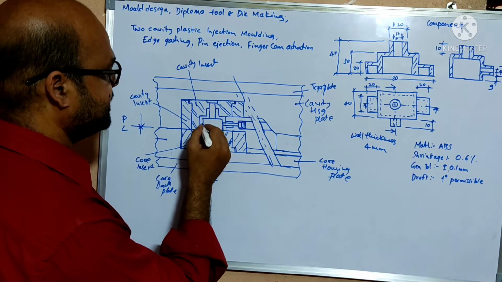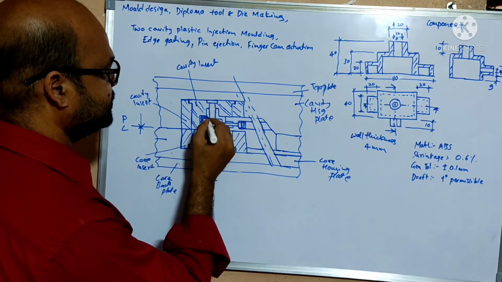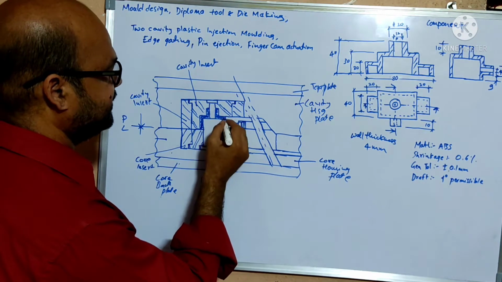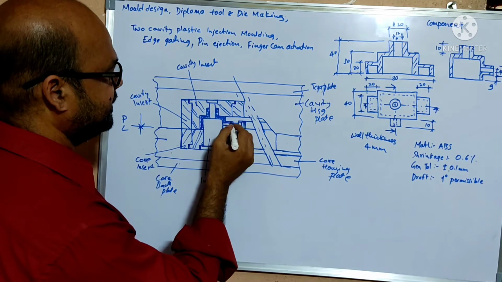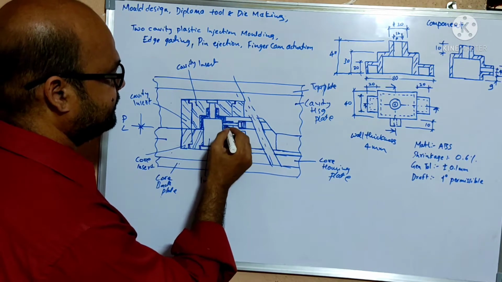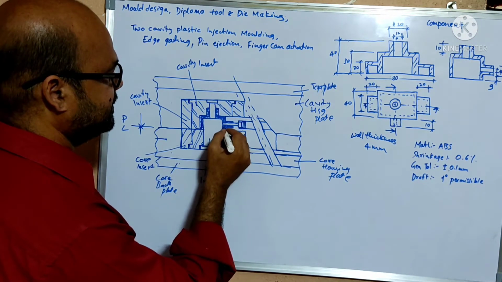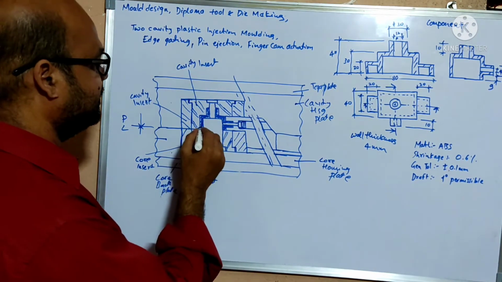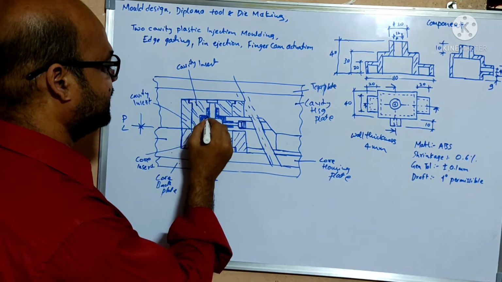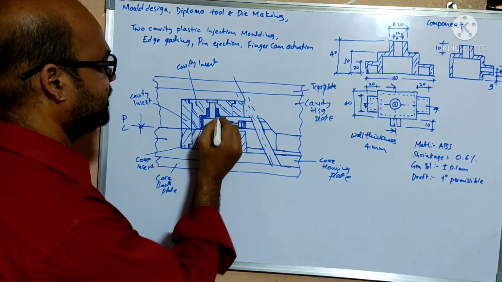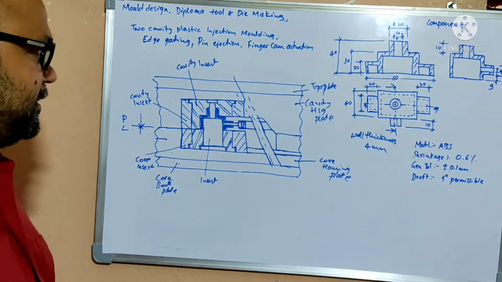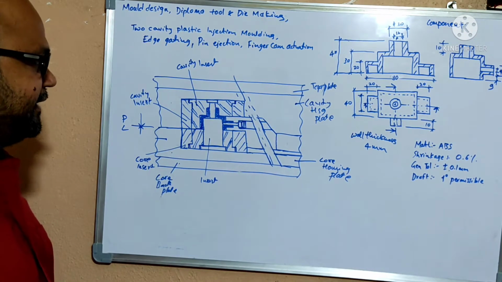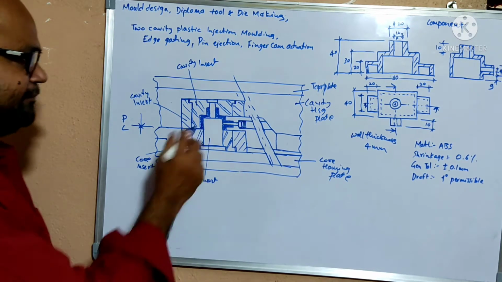You are going to see the component filling. Here you are going to observe the component is filled by the movement of the molten metal through the feed system, screw bush, puller, runner, gate, and then the cavity.